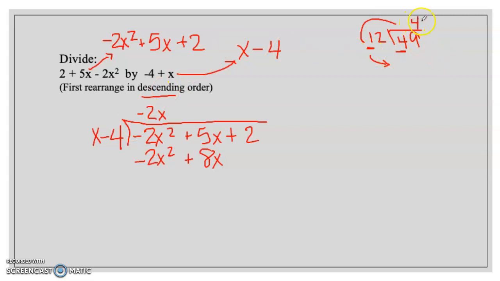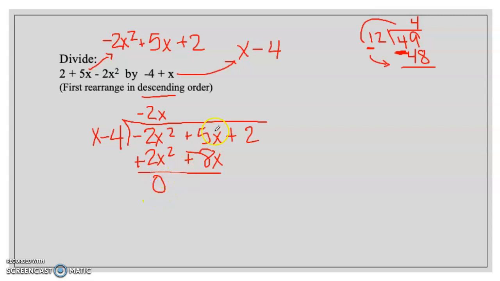Up at the top, when we did 4 times 12 and wrote our answer here, then we wrote the opposite and added, which is really subtracting. So down in this polynomial, I need to change all of this last phrase to opposite. Opposite, opposite. Everything is opposite. Then I add.